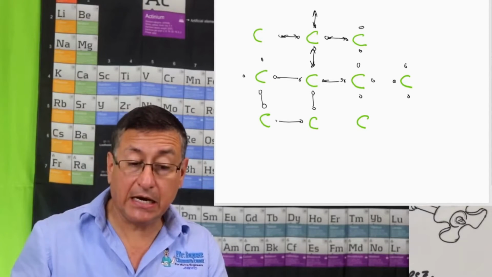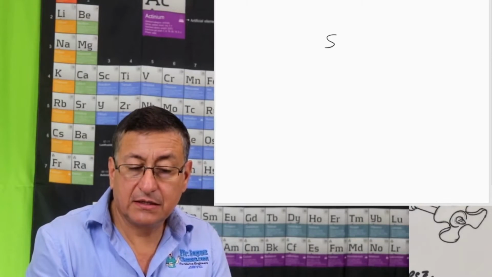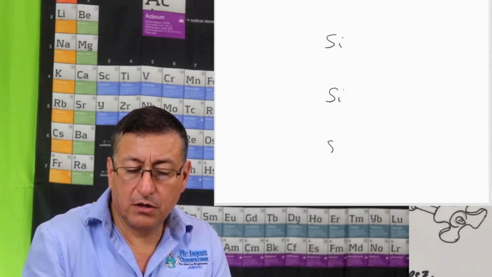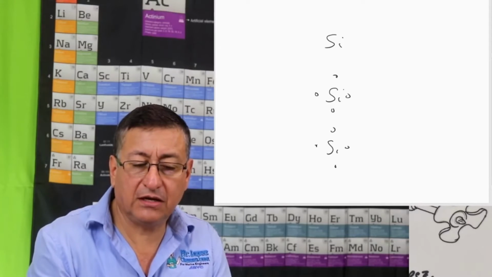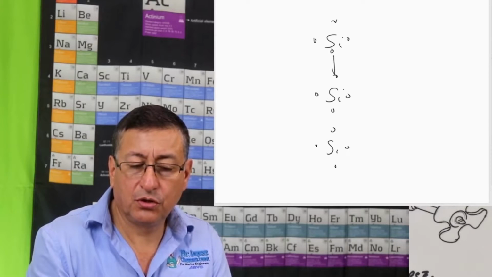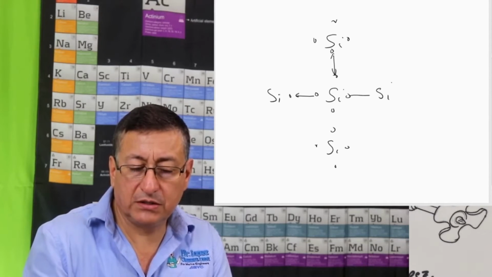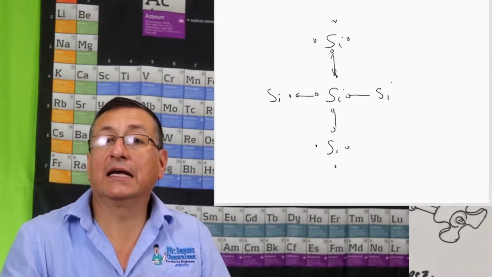Exactly the same situation is with silica. With silica, it's basically the same. You have silicas. Silica and carbon are in group number 4, and once again, all of them have 4 electrons in the last orbit, and they produce covalent bonds with the other ones and complete 8 electrons in the last orbit.